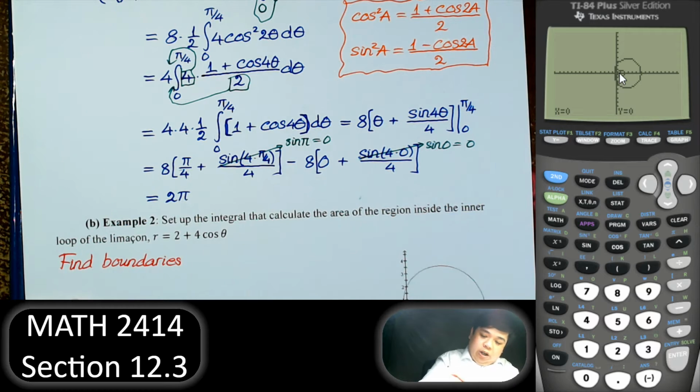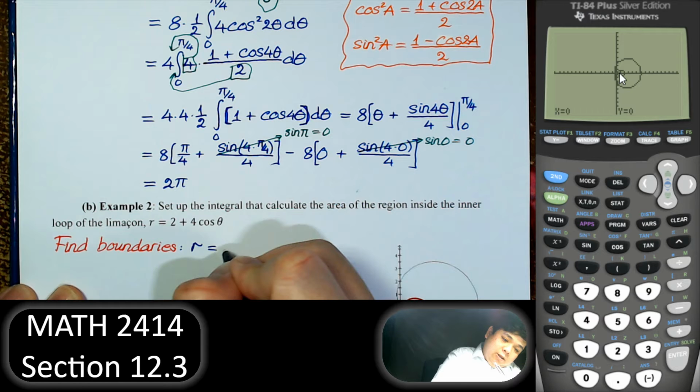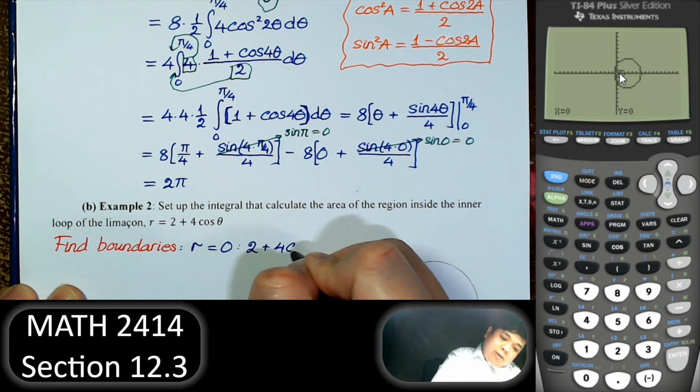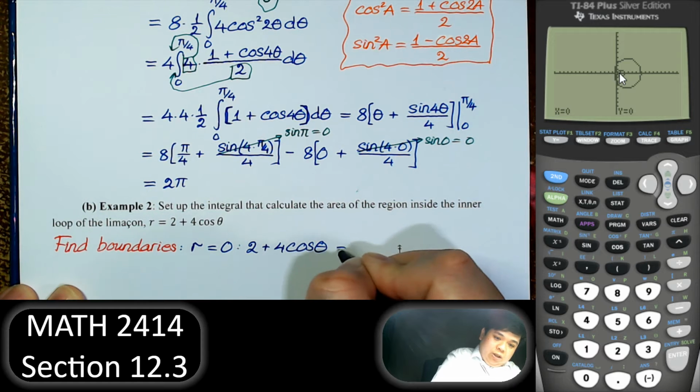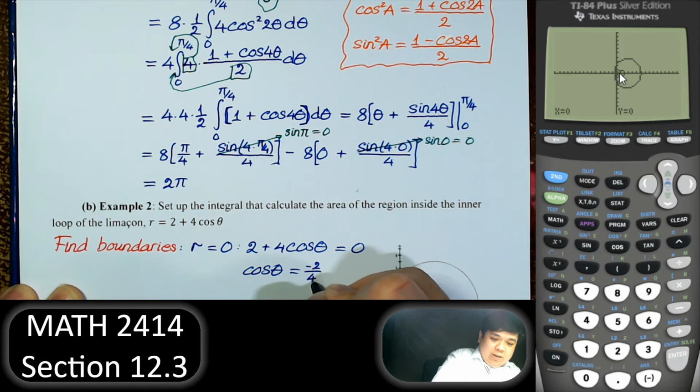So first we find boundaries. For this one, when r equal to 0, 2 plus 4 cosine theta equal to 0. So cosine theta equal to negative 2 over 4, or negative 1/2.